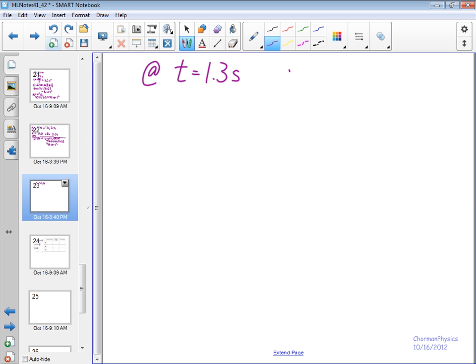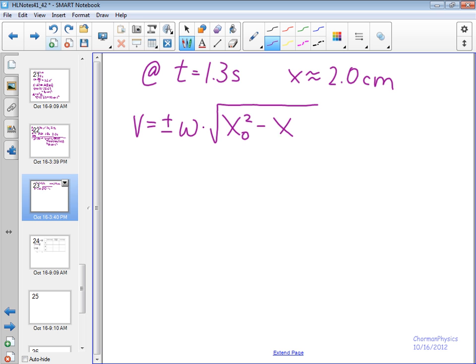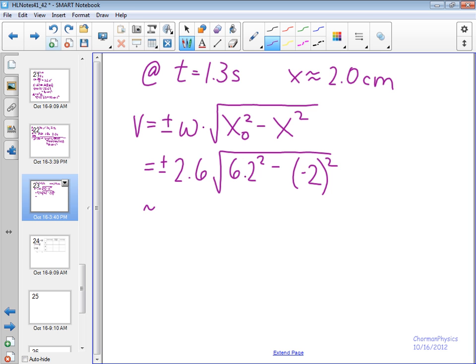Cool. Well, the alternative way of doing that is to say at time equals 1.3 seconds, the displacement, x, is approximately 2.0 centimeters. Again, that's an estimation from the graph there. Substitute that in for our alternative velocity formulation, and we end up with the following.